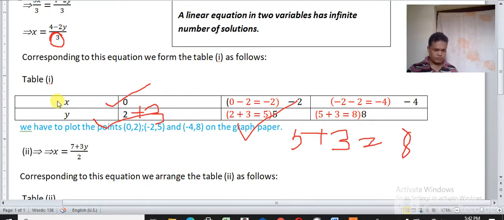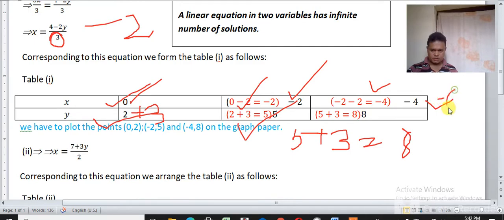To get the values in the row of x, you go to the coefficient of y, that is minus 2. Already one number is 0, then 0 minus 2 is minus 2. Again minus 2 is minus 4. If you want to find the next point, here will be minus 6 and here, already 8 plus 3, will be 11.